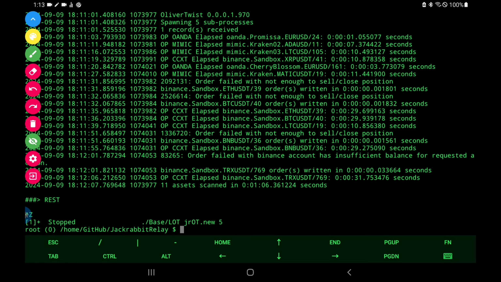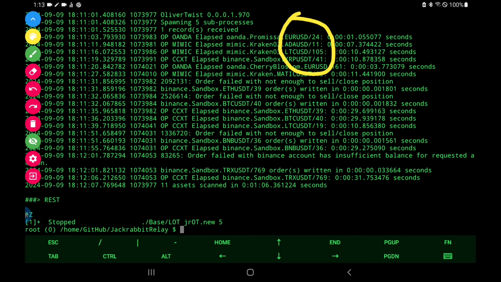For the purposes of this particular example, I have broken down each account based upon the number of orders. As we can see here within this block, we can see the Promisa account Euro USD with 24 trades, a Kraken account on Mimic for ADA with 11 trades, a Kraken account for LTC.